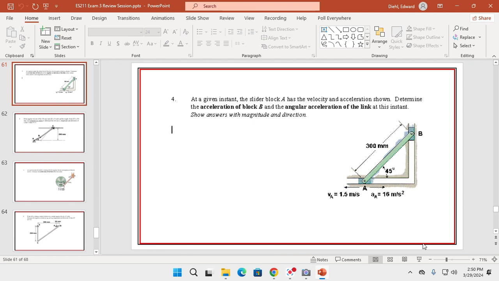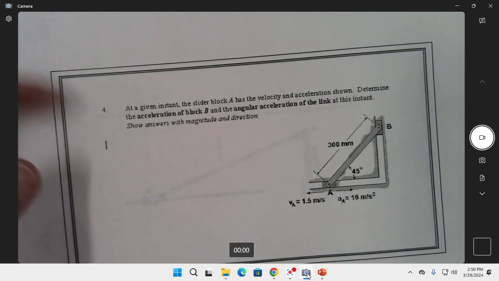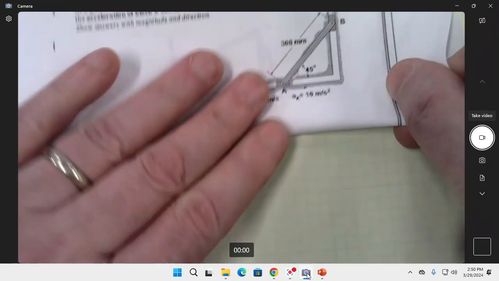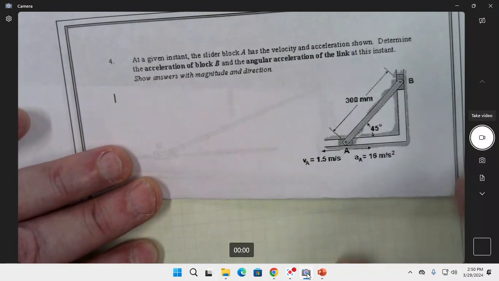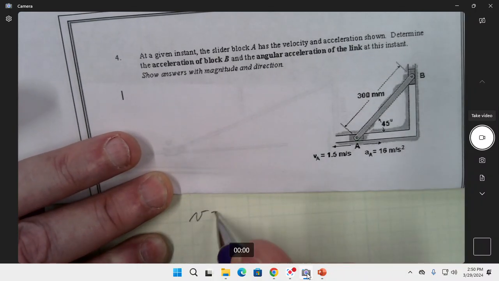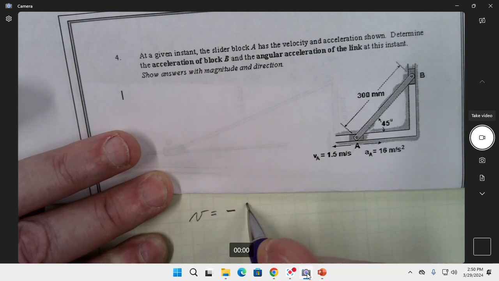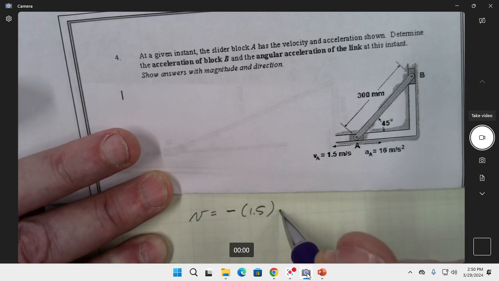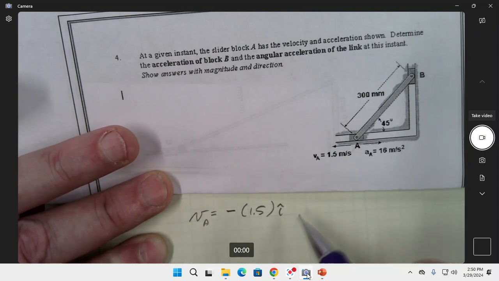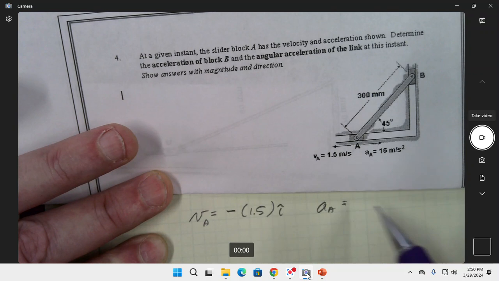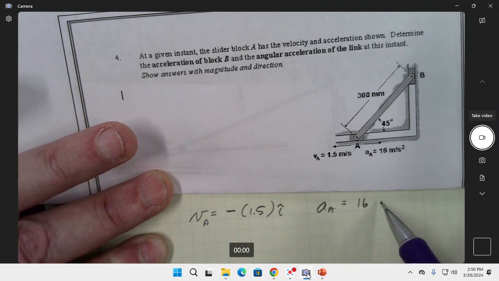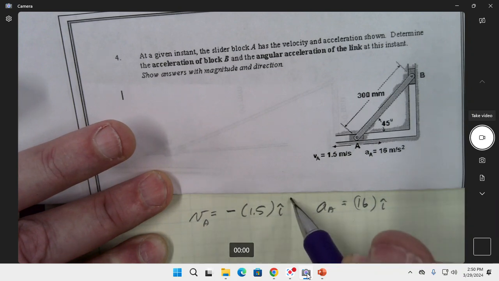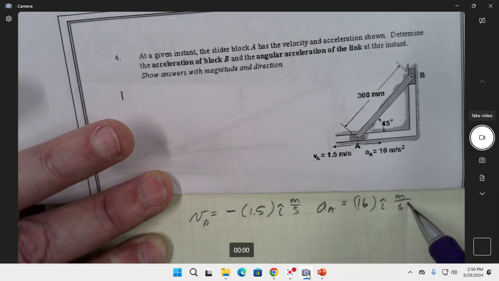All right. So what they had given us in this problem was that the velocity was equal to negative 1.5 I, and the acceleration was equal to 16 I. I guess I should do meters per second and meters per second squared.